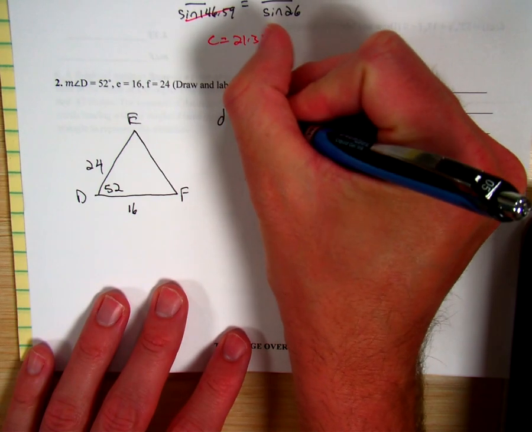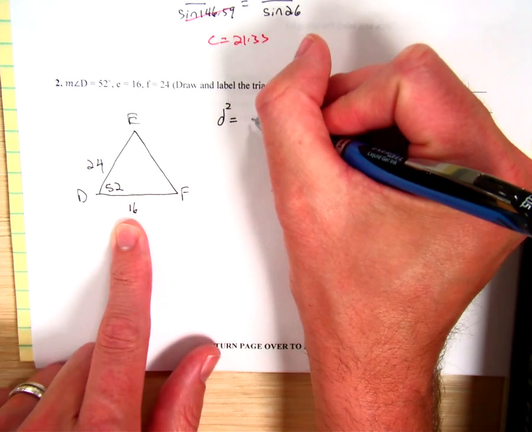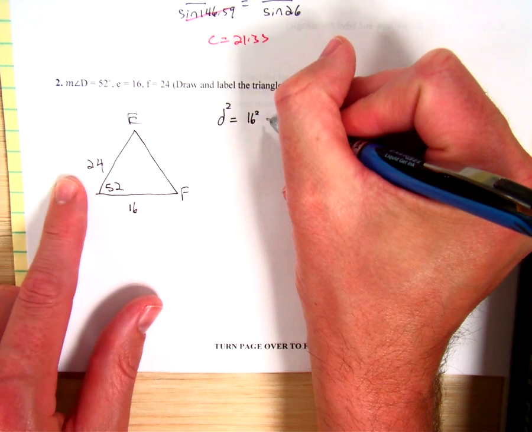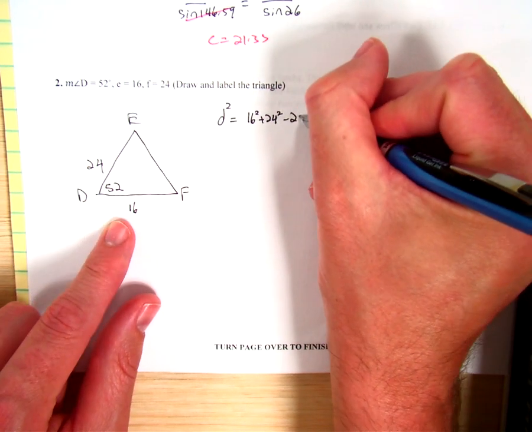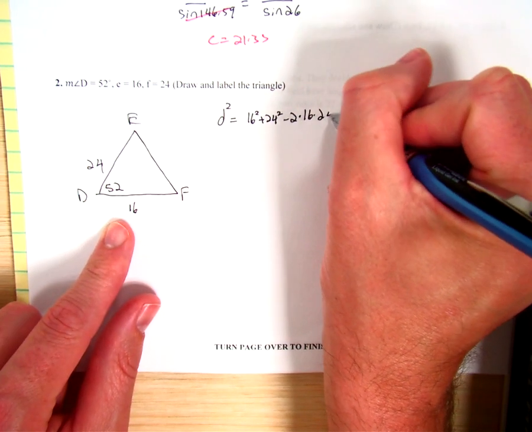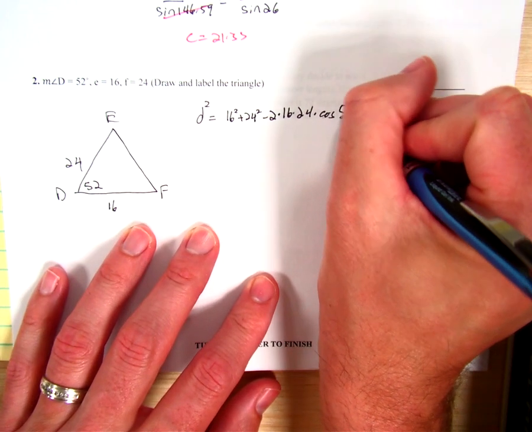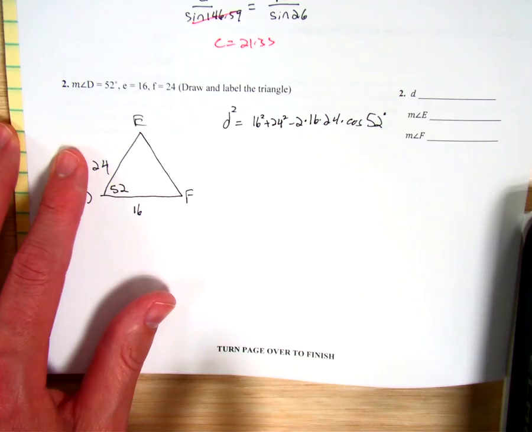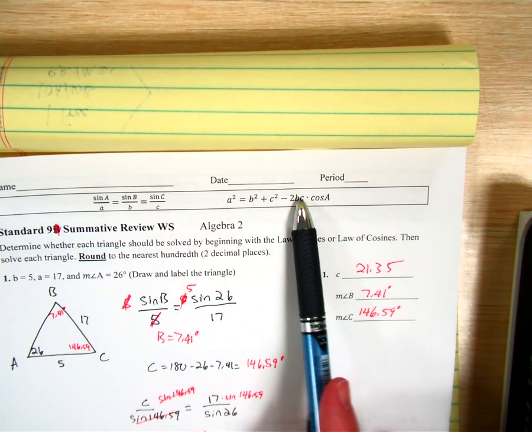So we got d squared for this side, the third side, equals 16 squared plus 24 squared minus 2 times 16 times 24 times the cosine of the angle in the middle. It's going to look just like that.